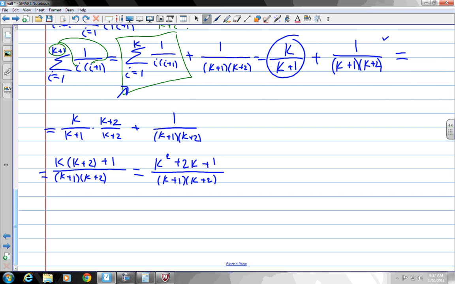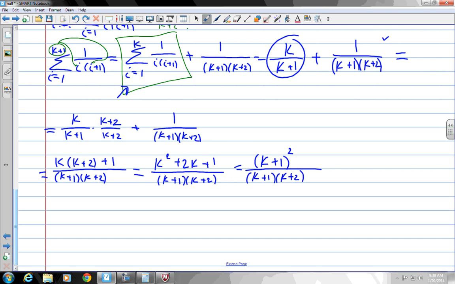That numerator factors in a very nice way, right? The numerator is a perfect square, actually. The numerator is k plus 1 squared. If you don't see the perfect square trinomial, you need two numbers that multiply to 1 and add to 2, so that's 1 and 1. So that's our square over k plus 1, k plus 2.